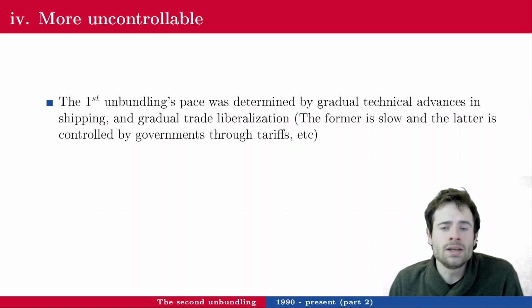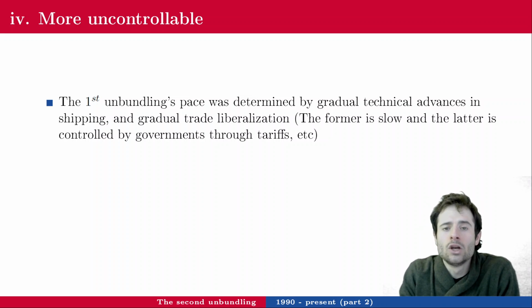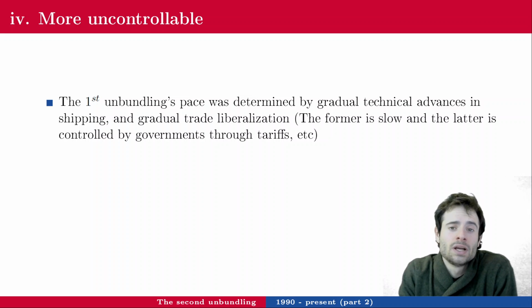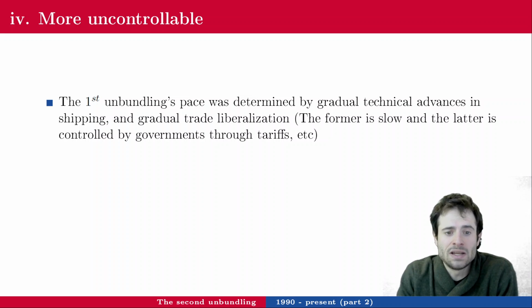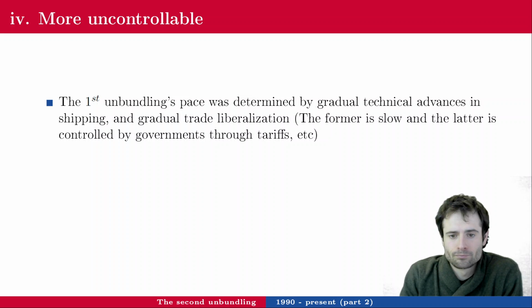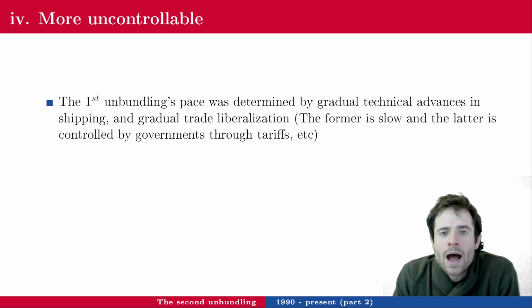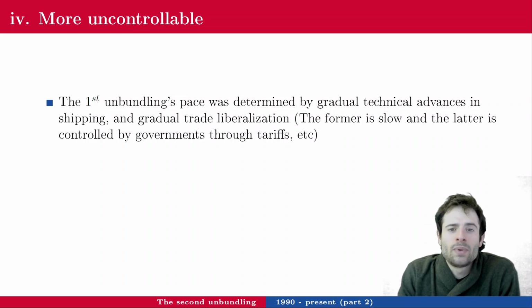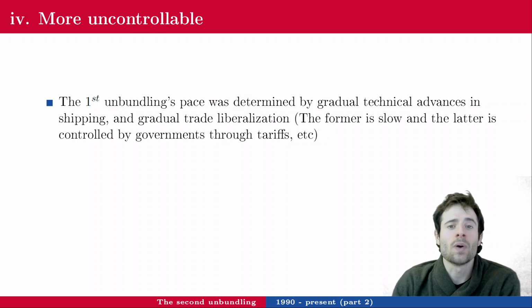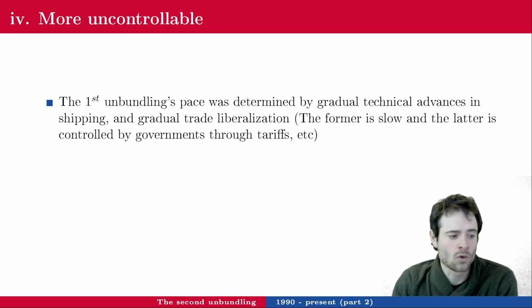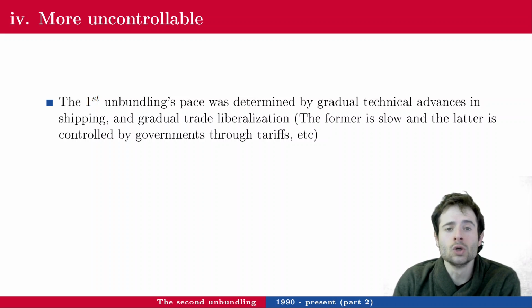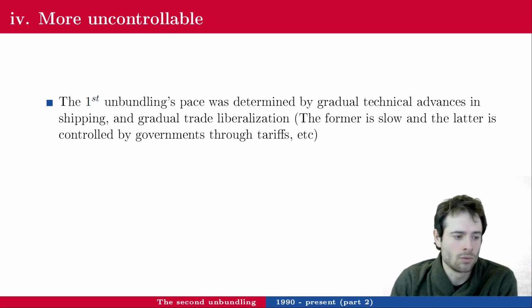So it would only go as fast as those innovations would go, and that would require, in particular, huge investments in infrastructure. There was also trade liberalization, which, as we saw, got rather slow at the beginning because it was due to governments leading those policies. This accelerated, of course, after World War II with the GATT and WTO.